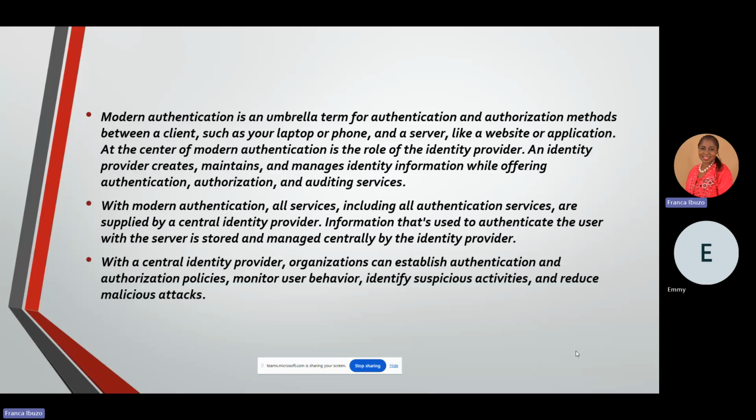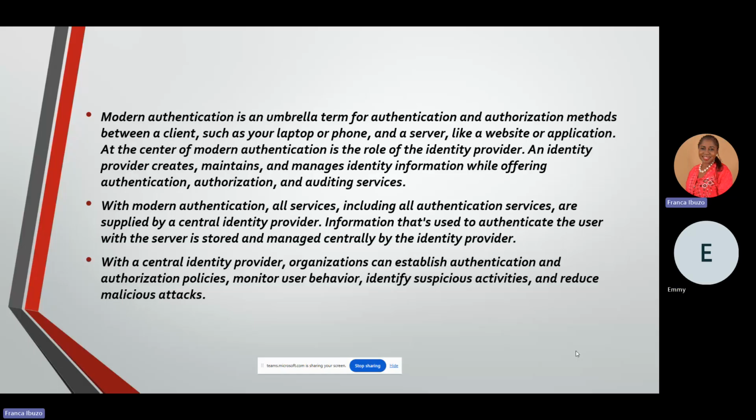At the center of modern authentication is the role of the identity provider. An identity provider creates, maintains, and manages identity information while offering authentication, authorization, and auditing services. That's your identity provider, IDP.